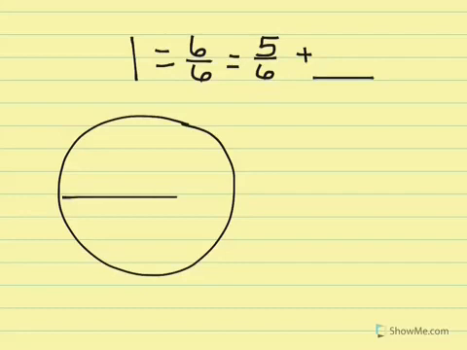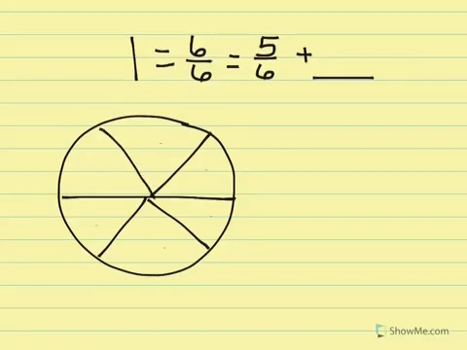So let me see. Okay, all right, so I have 1, 2, 3, 4, 5, 6 equal parts. And we have 5/6 plus some number.